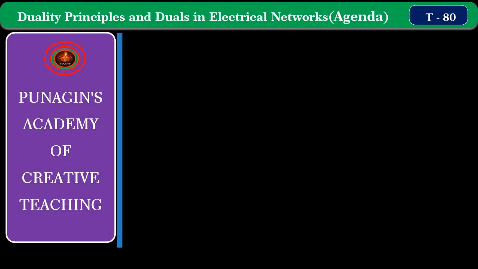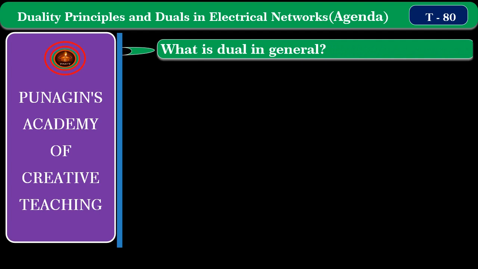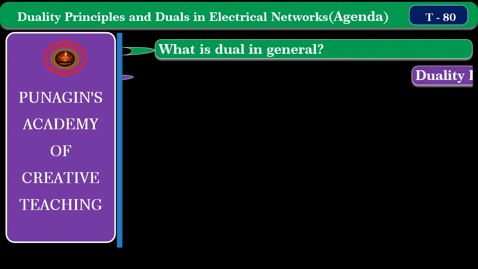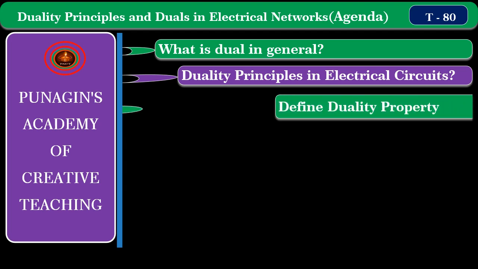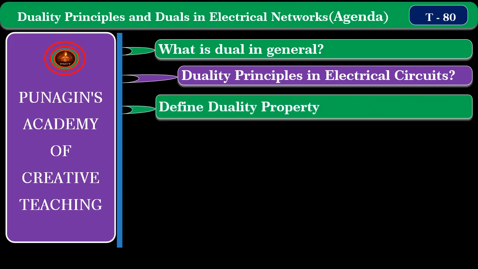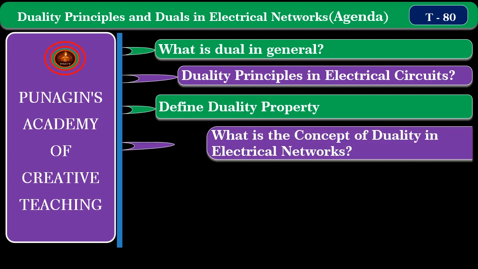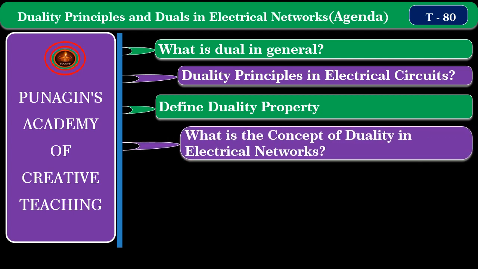Friends, in this tutorial, we shall discuss what is a dual in general and duality principles in electrical networks. Then we shall define the duality property and also discuss the duality concept in electrical networks.